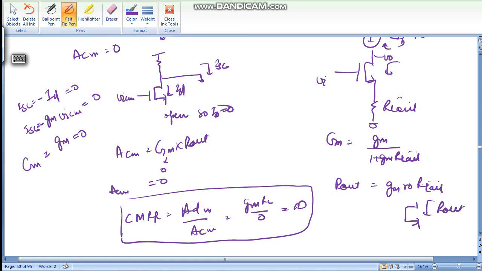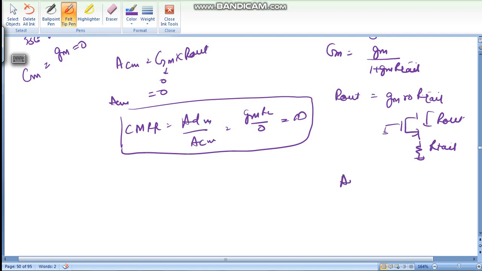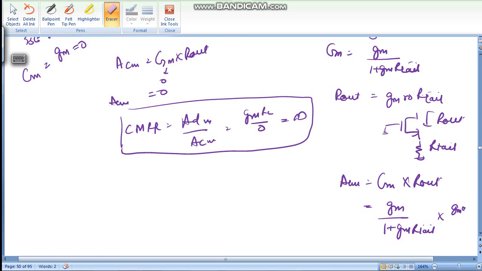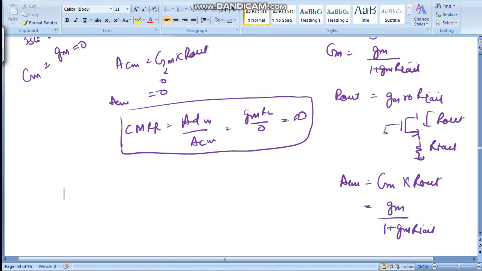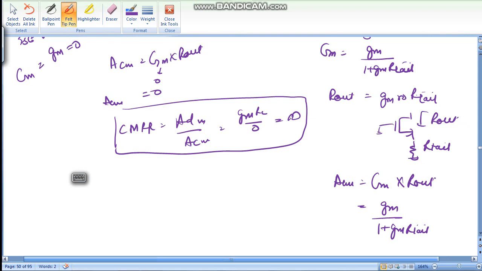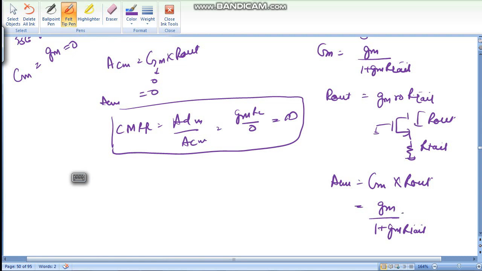We are finding R out, this is R tail. So in this way, this is a cascode structure, so this will be R out, and ACM equals GM into R out, which will be GM over 1 plus GM R tail into GM RO R tail.